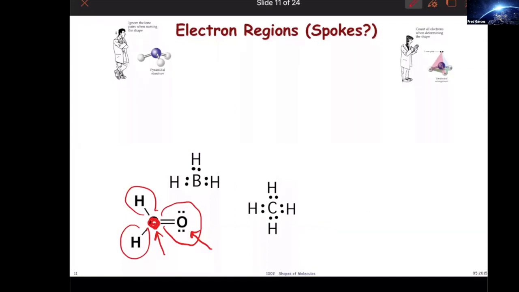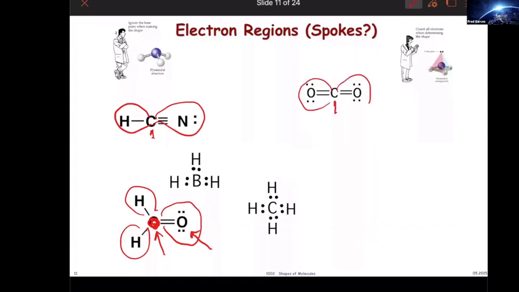Okay, so far so good? I hope so. Here, this is the central atom, and you can see there are 2 domains. Here, again, this is the central atom, and there are 2 domains. Don't confuse yourself with the lone pairs at the terminal atoms, because that's not going to dictate the geometry.